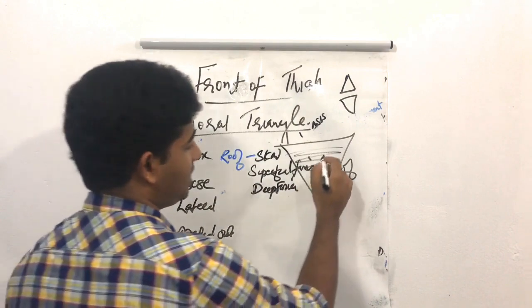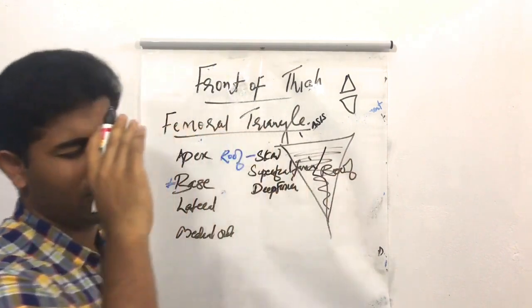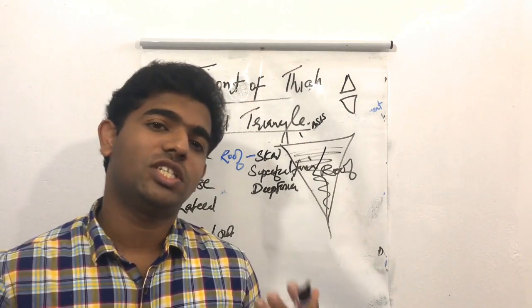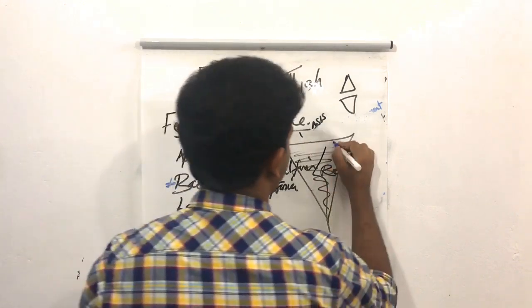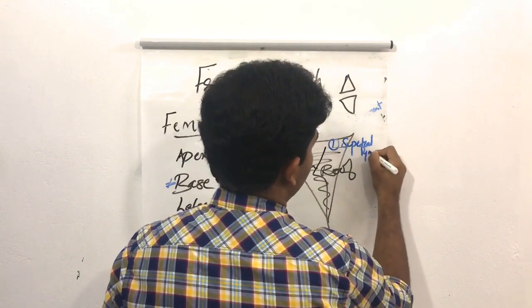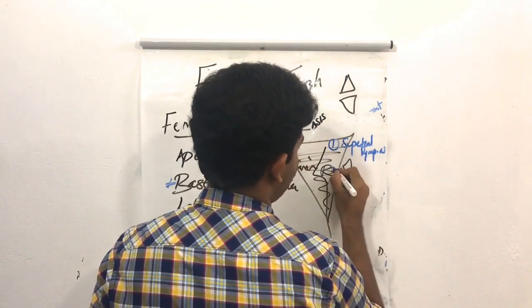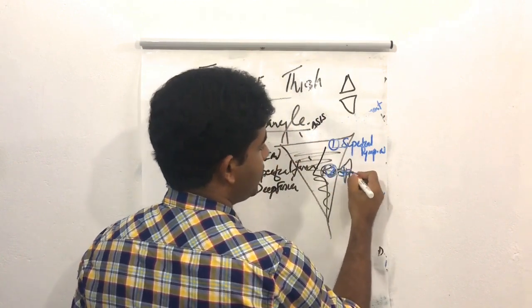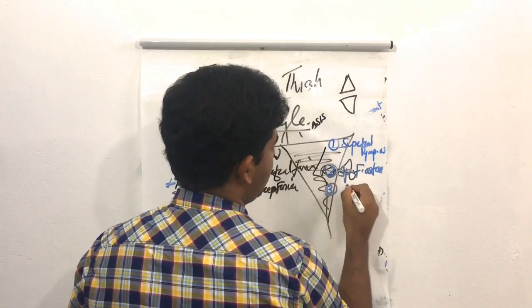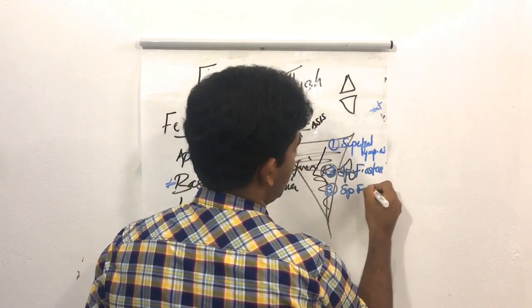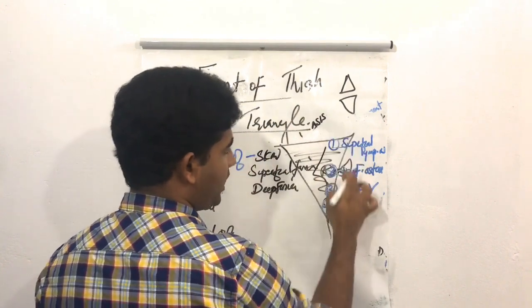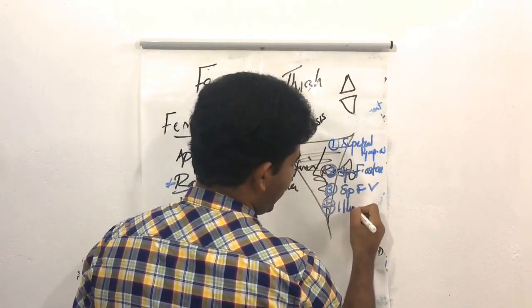Whenever you say the word superficial fascia, it is complicated. You have to know which structures are in the superficial fascia. First structure will be superficial lymph nodes. Earlier we studied superficial fascia has superficial lymph nodes. Second will be the superficial femoral artery. Third, the superficial femoral vein. Fourth, on this side we have a ligament, and a nerve known as the ilioinguinal nerve.